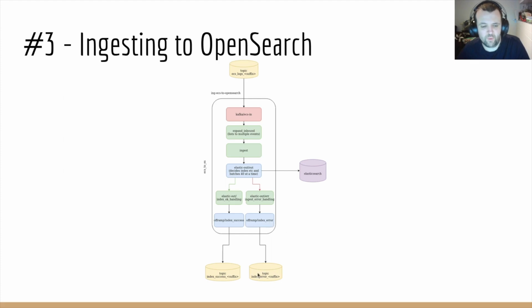The error one is specifically interesting: if you manage to, for example, have inner JSON inside of the message field in ECS and you haven't turned that off, or it fails for any other kind of schema error, it will pop it off into the error topic and you can go and investigate and replay those events.